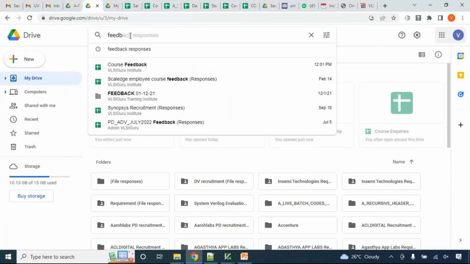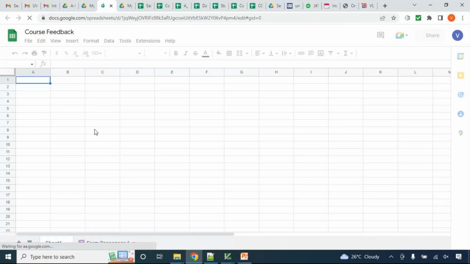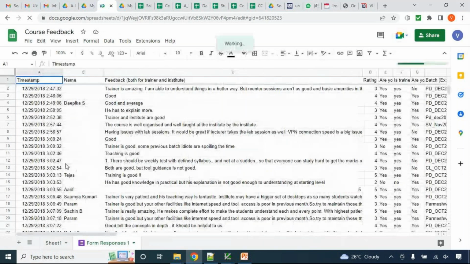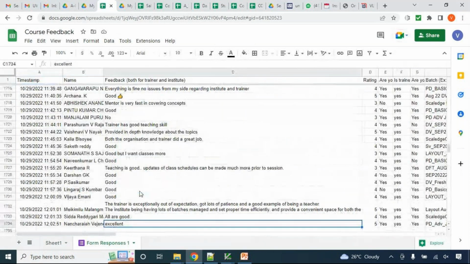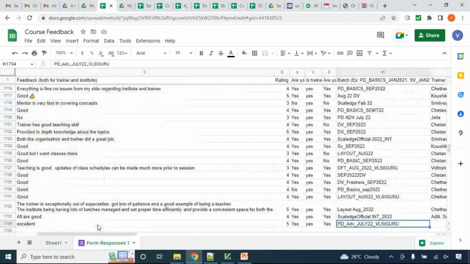See, feedback was last filled, I think, today. We have a form where we ask people to give feedback every time. You can see this is the rating they have given out of 5. This person is from the PD advanced batch, July 2022 batch.